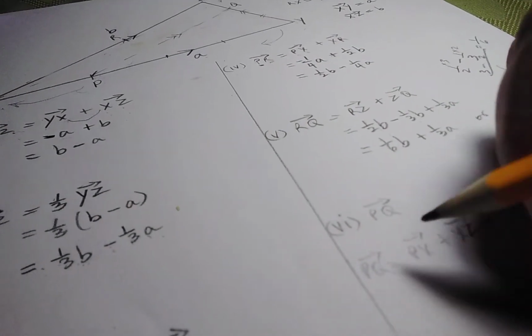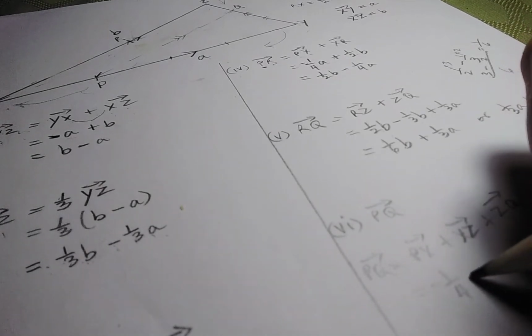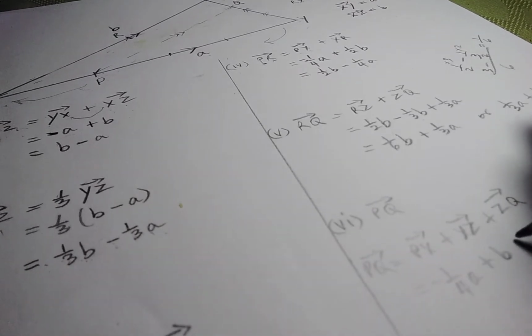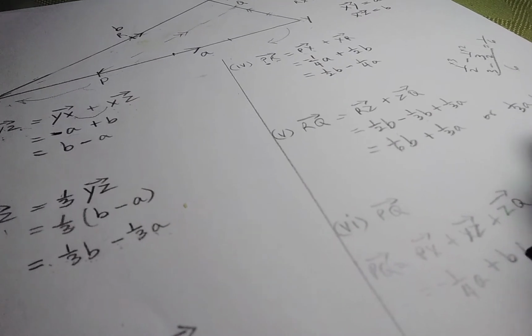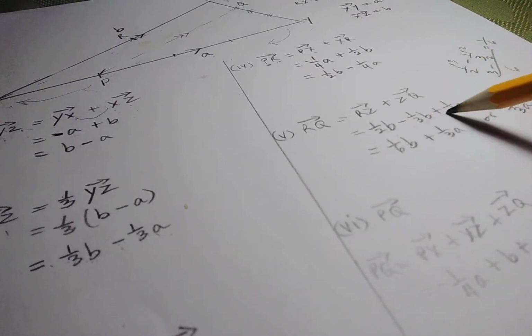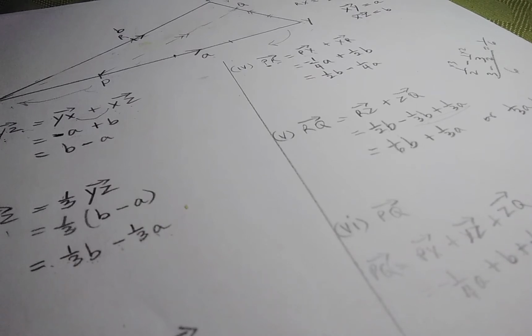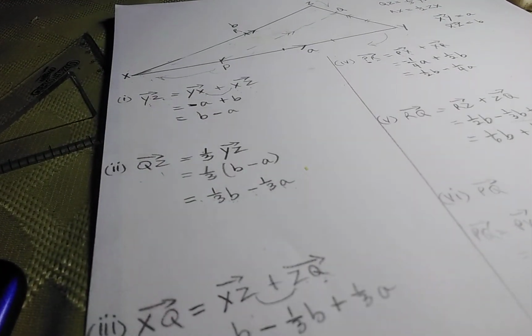P to X is negative a quarter A, X to Z is positive B, and ZQ we just worked out. ZQ is all of this, so it's positive 1/3 A minus 1/3 B. We're going to group the like terms.